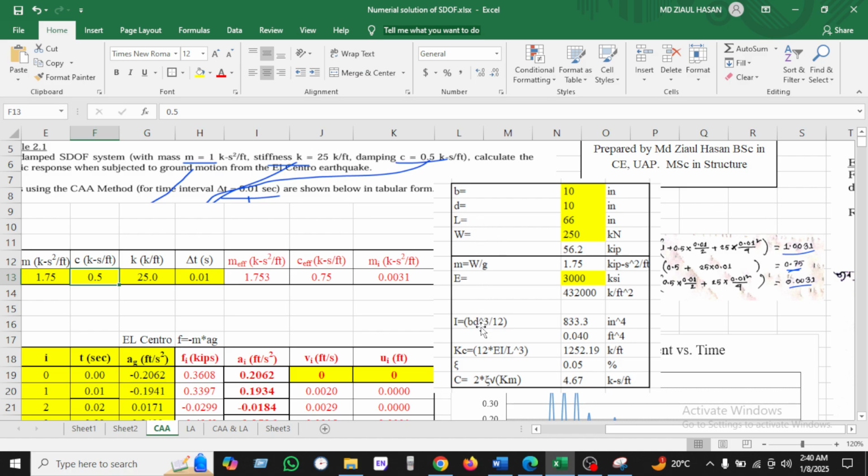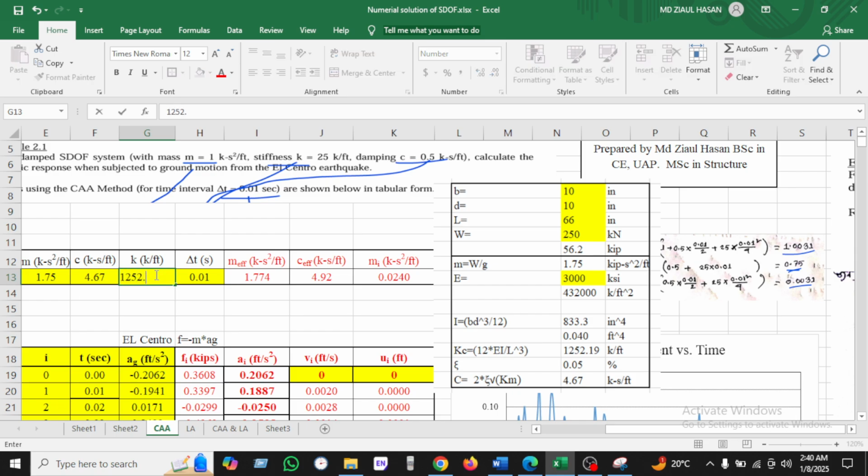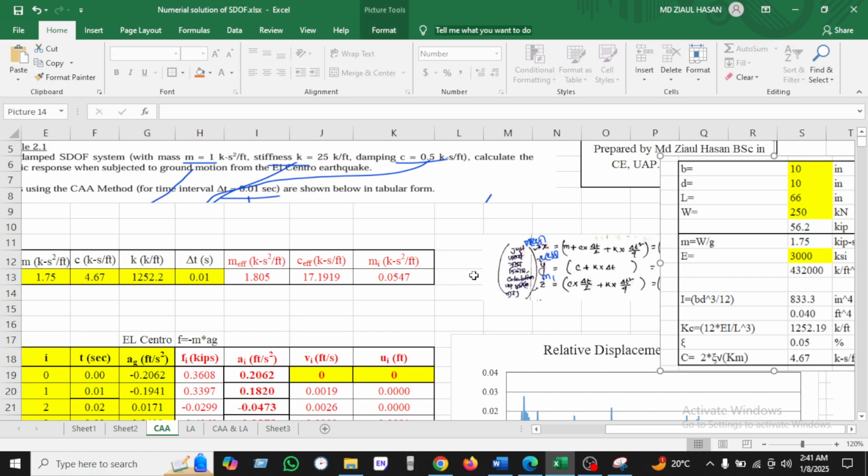C we have found 4.67, and effective K we have found 1252.19. Okay, the rest will be changed.